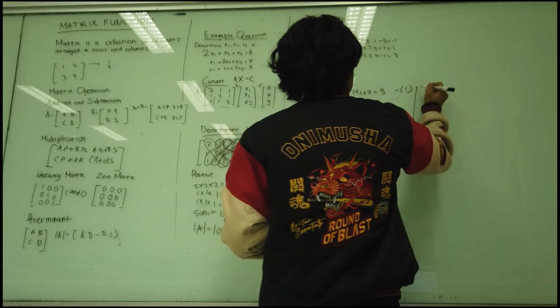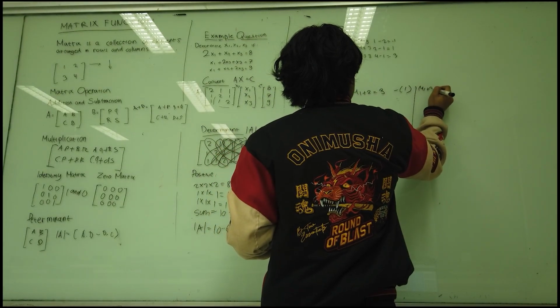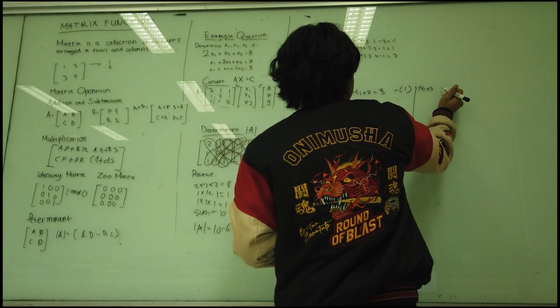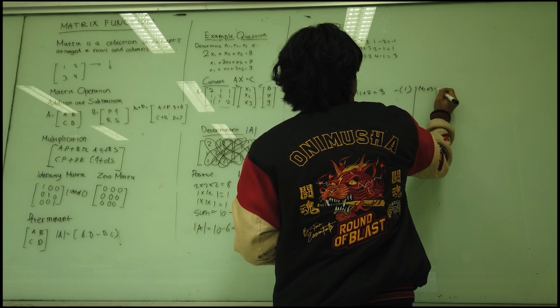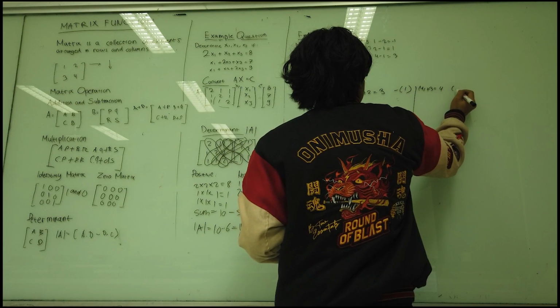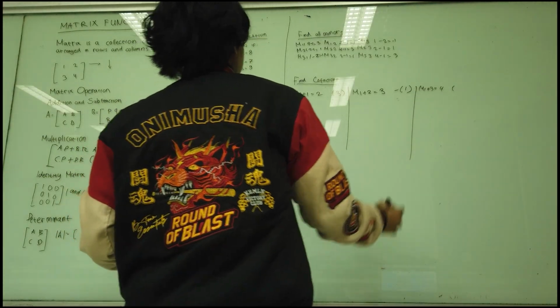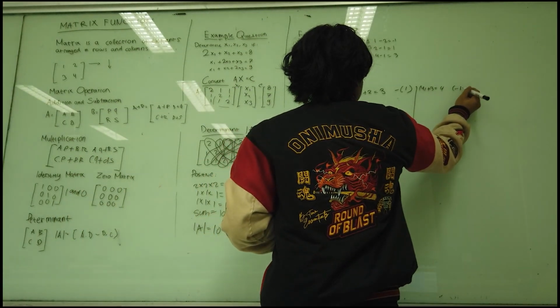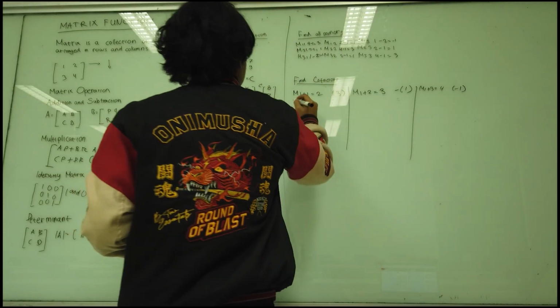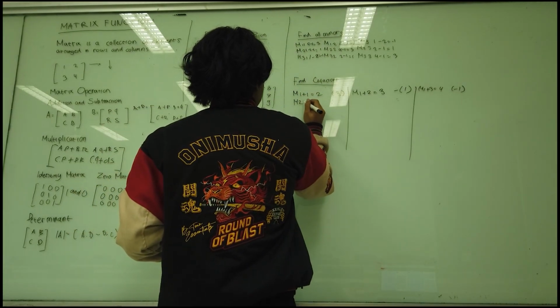And then lastly, M13. 1 plus 3 is 4. So it is even, right? So we don't do anything. We keep it, which means the result is negative 1.